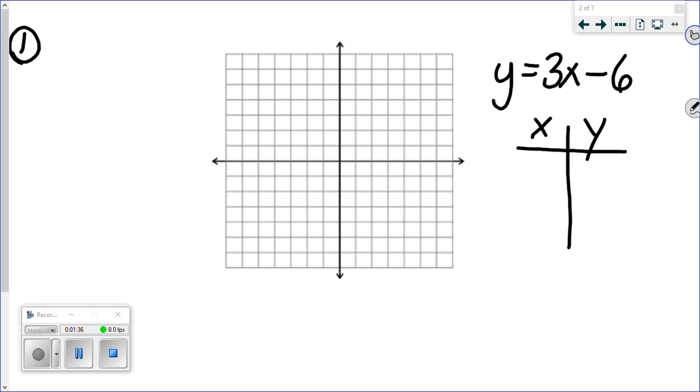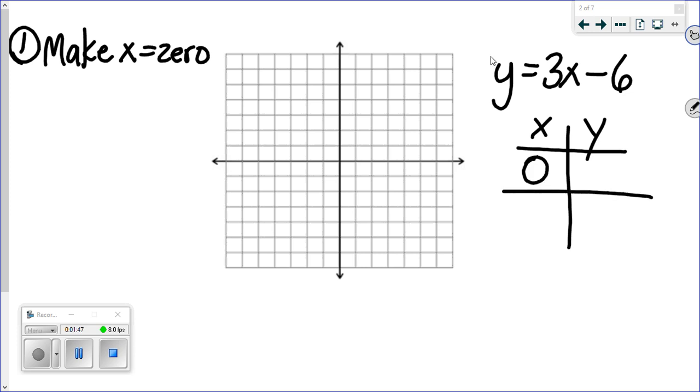The first thing we're going to do is make x equal 0, and substitute and solve to find the y-intercept.